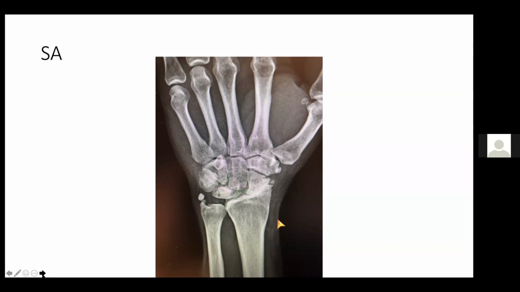I guess one question I have for Dr. Masem is, I know you want to get him moving faster, but isn't it in the more active patients that you would prefer a fusion because they're more likely to develop arthritis? Well, I think the arthritis is a long-term thing, and there have been studies showing that even with arthritis, people aren't necessarily having pain.